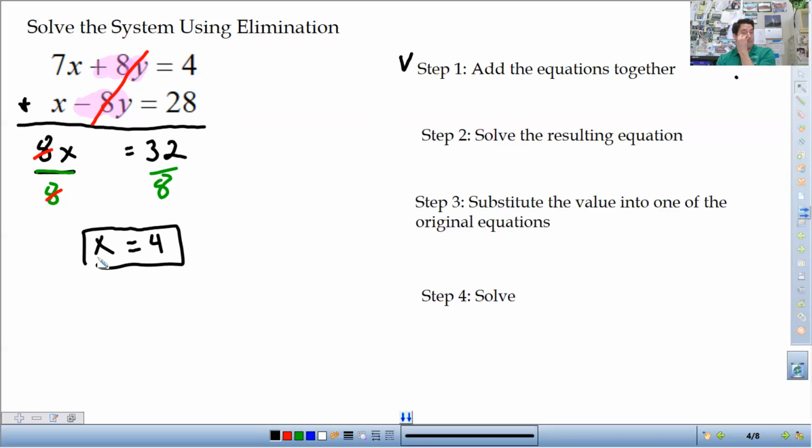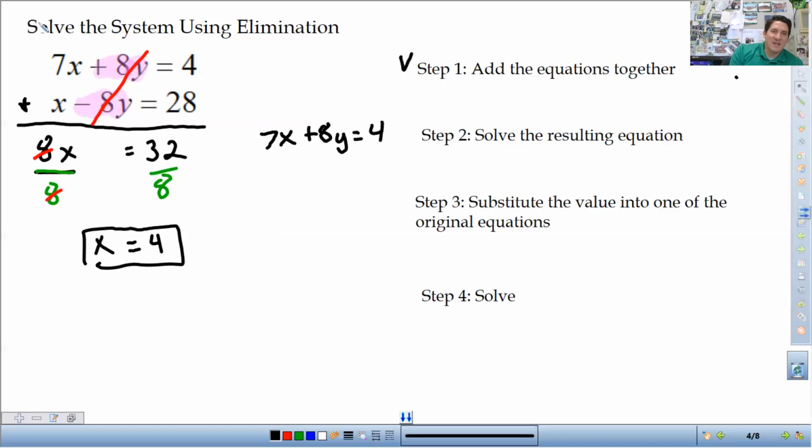So once you have that, finishing the solving is the same as finishing the solving in substitution. We need to take this value and substitute it into one of the original equations. So we can either do the top one or the bottom one. I am going to use the top equation, the 7x plus 8y is equal to 4.